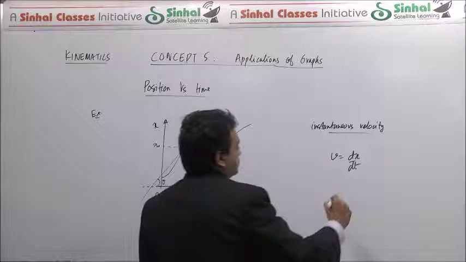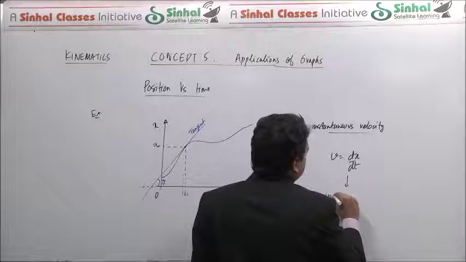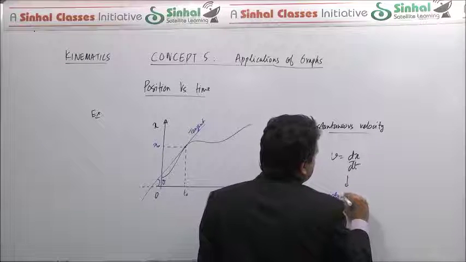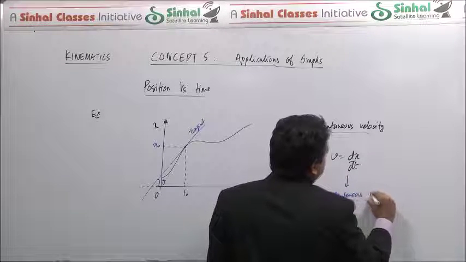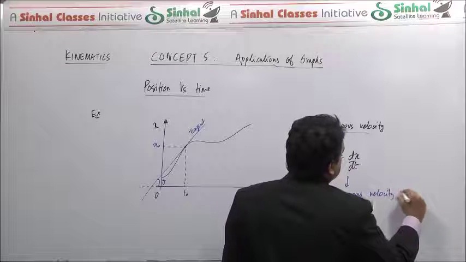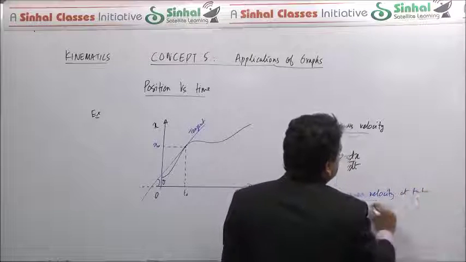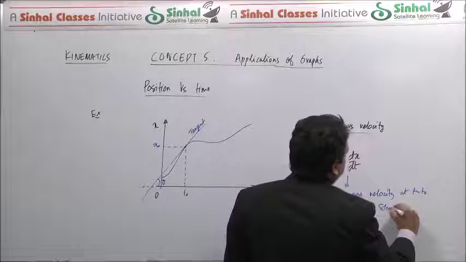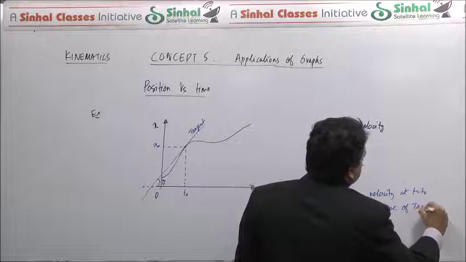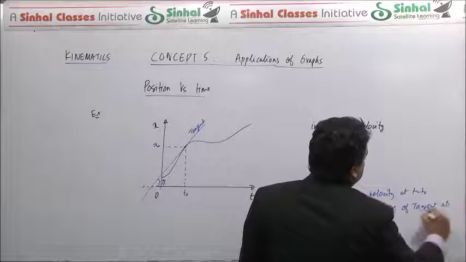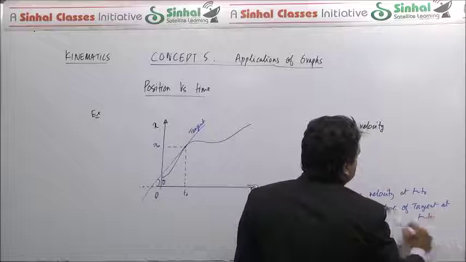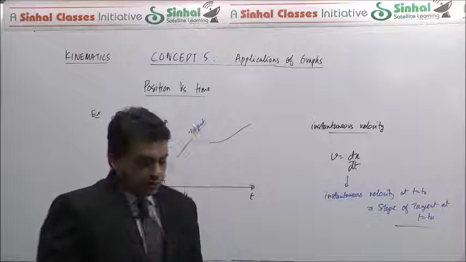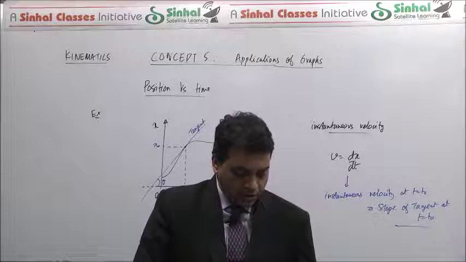So the instantaneous velocity at t equal to t naught is nothing but the slope of the tangent at t equal to t naught. That is how we calculate the instantaneous velocity as a function of time.